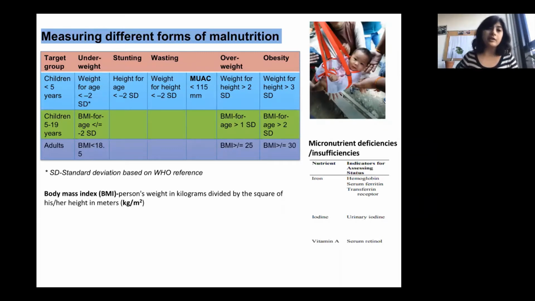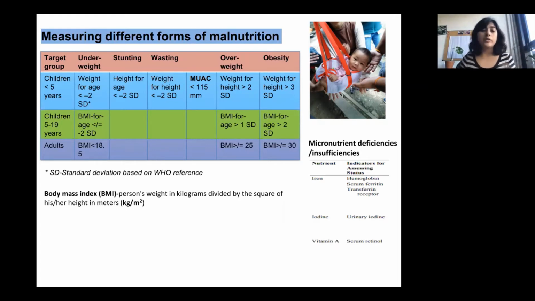Similar are the criteria for stunting and wasting, based on standard deviation, but stunting is, as I said, height for age, and wasting is measured in terms of weight for height. Let's also talk about adults. In adults, we normally measure the body mass index.